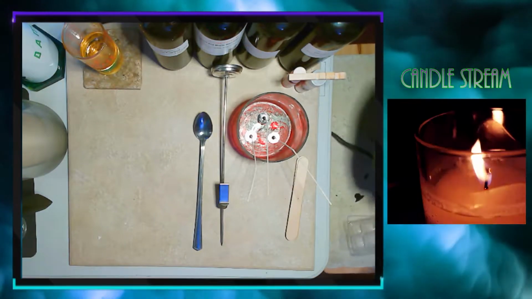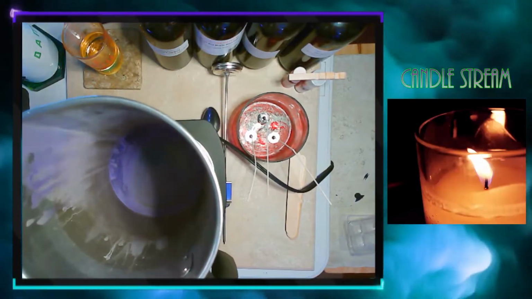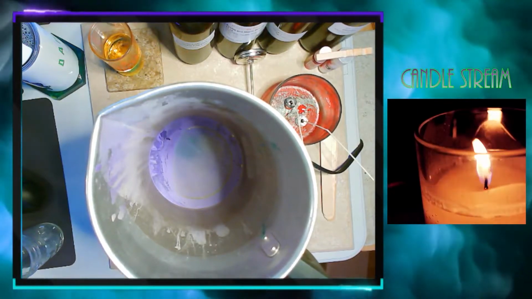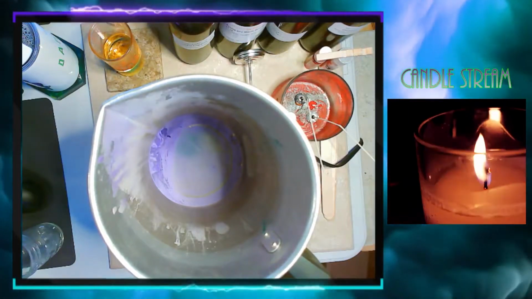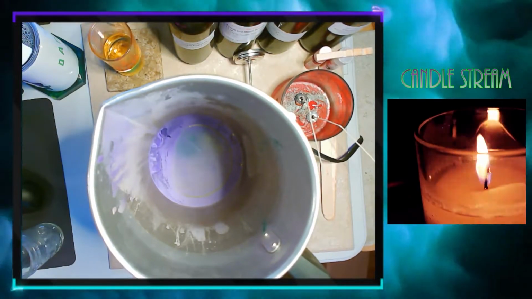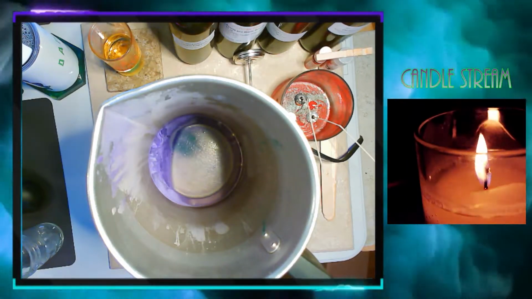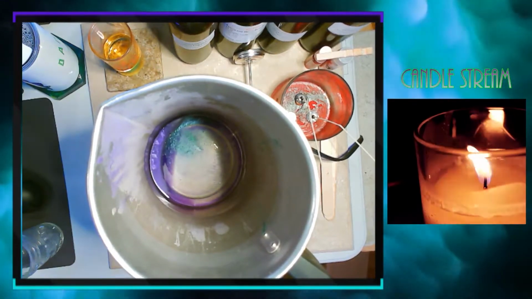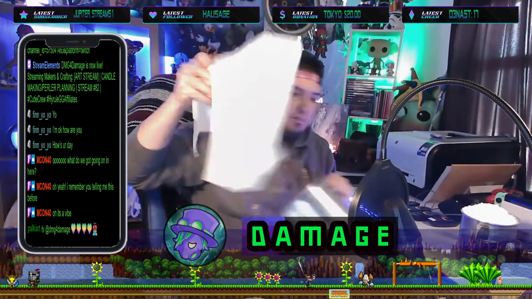Best way to do this. See all that fine mess in the bottom? I'm gonna melt it down. So yeah, just take a paper towel, wipe all that mess out of here.